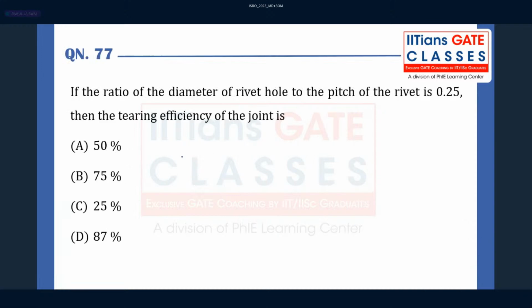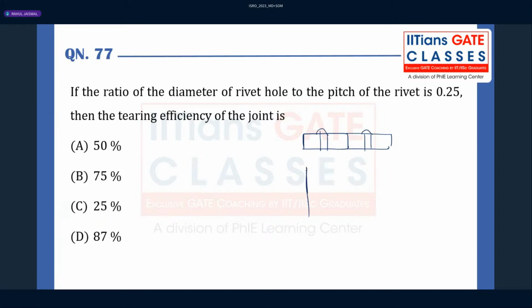Okay, here is the second last problem. What is the tearing efficiency? First of all, we have to calculate the tearing load. What is the tearing load formula? Whenever you have two plates, let's say we are doing a butt joint, we join it by rivets.